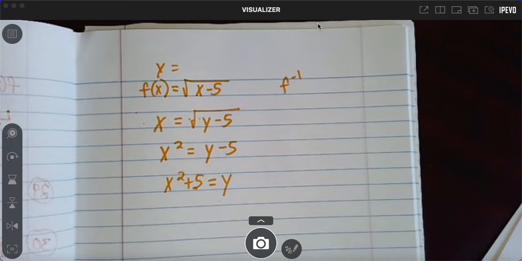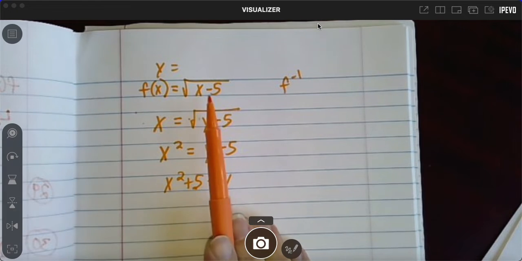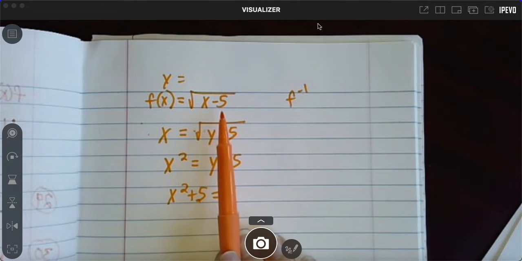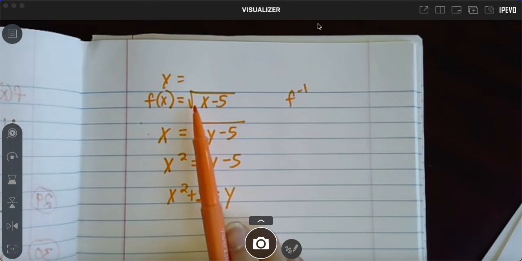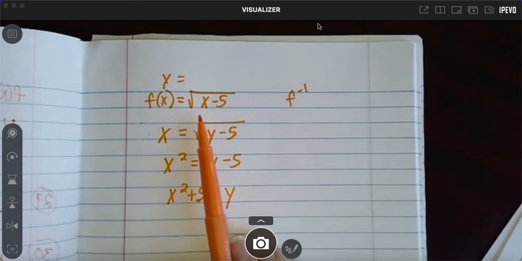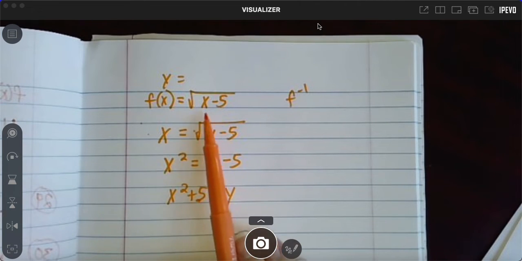What can y be? X has to be a number bigger than 5. Look back at the beginning. This one's kind of weird. It's not on there. But X can't be 5 or smaller. Because if it was smaller than 5, what kind of number would we have under that root?